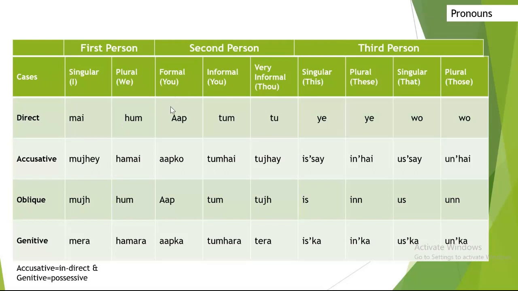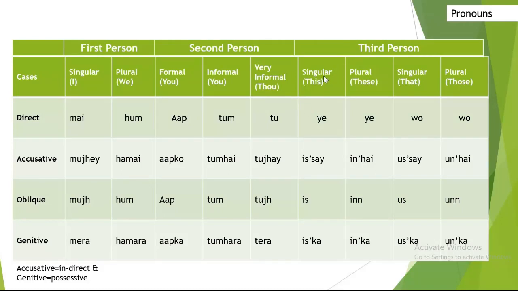Now the second person formal, आप school जा रहे हैं. And informal, तुम school जा रहे हो. And very informal, तू school जा रहा है.